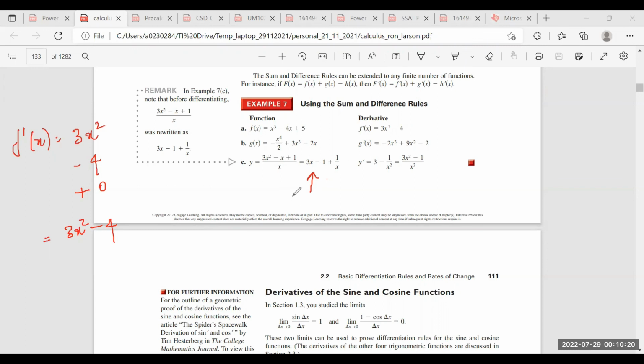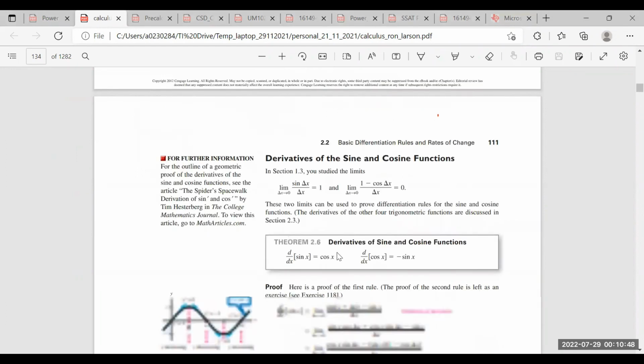Well, it's the first coefficient of the function, but I simplified after I got 3 minus 1 over x squared. I made the denominator x squared, so I multiplied. Oh, you're talking about a common denominator. Okay, that makes sense. I was wondering where you got a square from. 3x squared minus 1 over x squared. That's correct.